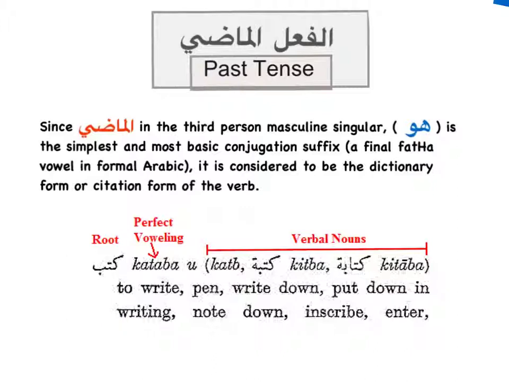So it's a dictionary, you know how to use a dictionary. But the main thing is how you look up a word. Again, repeat after me. You look up the third person masculine singular, which is the simplest conjugation, because it has no other addition other than the three basic letter roots. Okay, you got it.